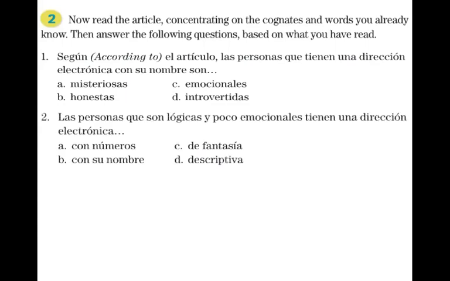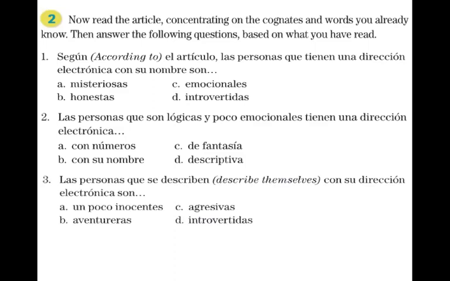Las personas que son lógicas y poco, little, emocionales, tienen una dirección electrónica con números, con su nombre, de fantasía o descriptiva. Remember, those are the 4 categorías. 3.